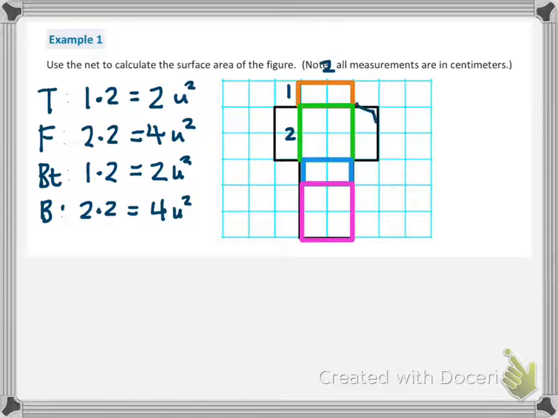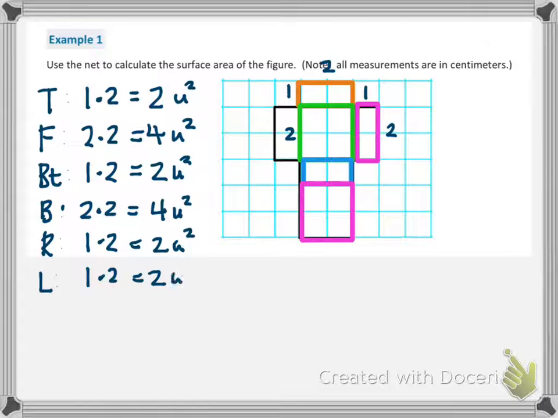So this right side, wow. Let's use the square tool. The right side is a 1 by 2 rectangle. That's 1. This is 2. So the right side is a 1 times 2. That's 2 square units. And then the left side is the same size. That's also a 1 times 2. That's 2 square units.